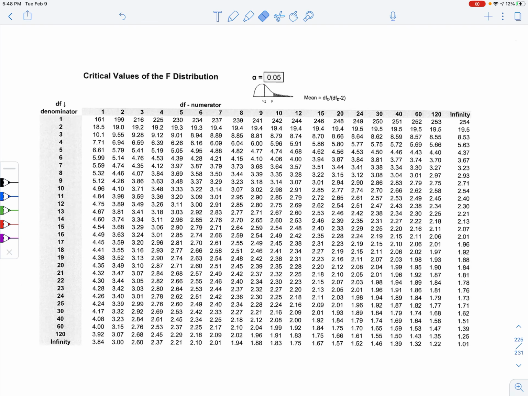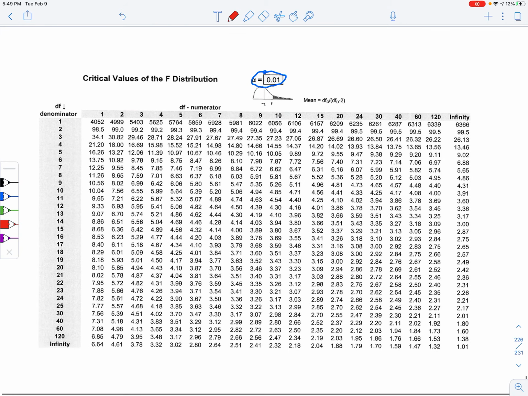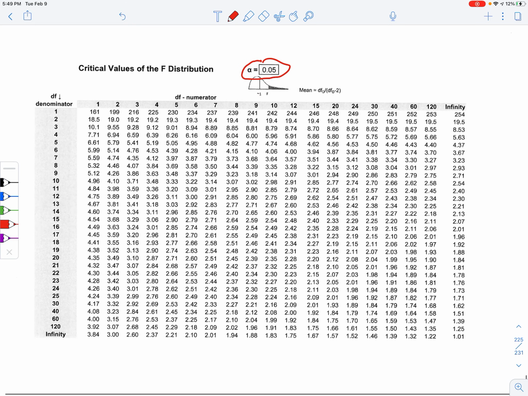All right, so what we do is we take a look at the 5% table. So there's a 5% table, and then there's a 1% table. So we're looking at the 5% table. The degrees of freedom for the numerator was k minus 1. So that is 2. And then the degrees of freedom for the denominator was nt minus k.